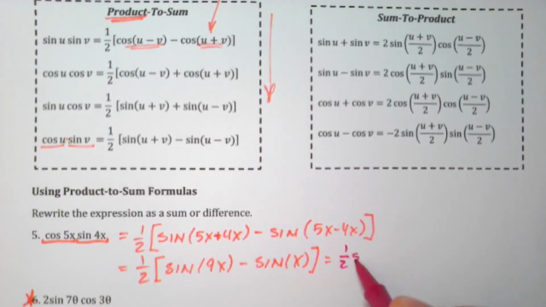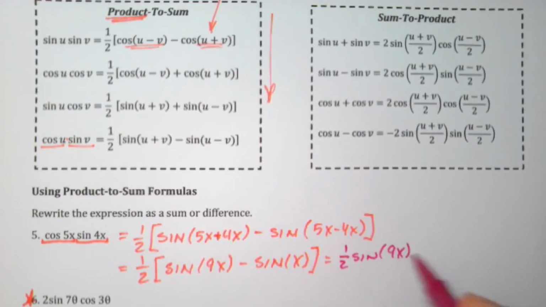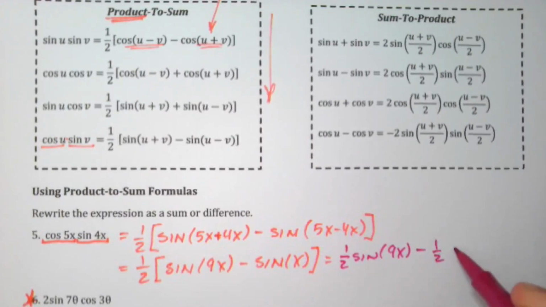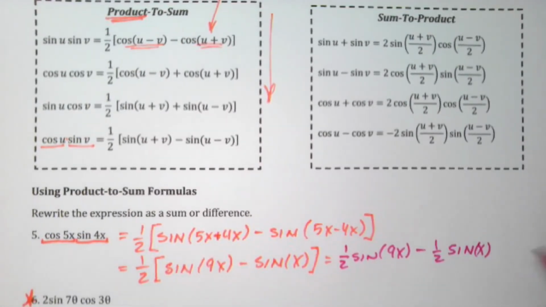So we'll end up with 1/2 sine of 9x minus 1/2 sine of x, and not a ton more behind that. At this point, technically we've worked with some stuff like this with solving equations, which is always kind of that end game, and we could take it from there. But for now, we're just stressing recognizing the form, knowing the formula to use, and working through those manipulations.